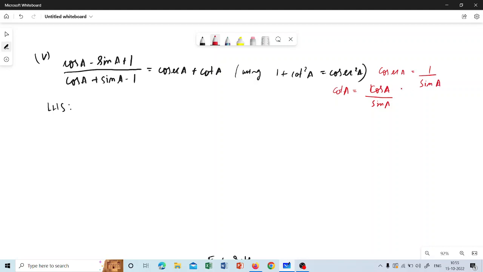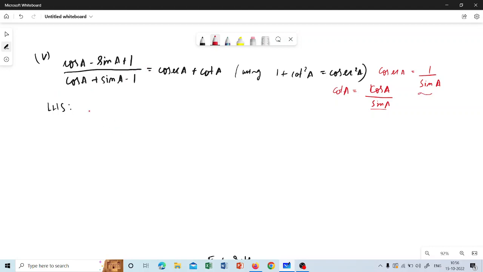Now look carefully, both the denominators are sine. So I can try to divide the numerator and the denominator by sine. By dividing the numerator and denominator, I mean that each term in the numerator and denominator will be divided by sine A.